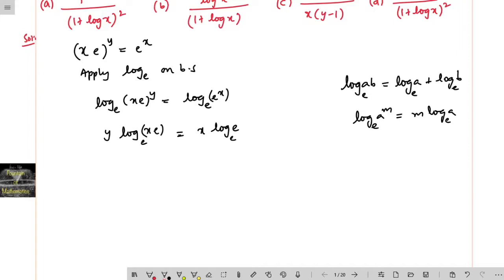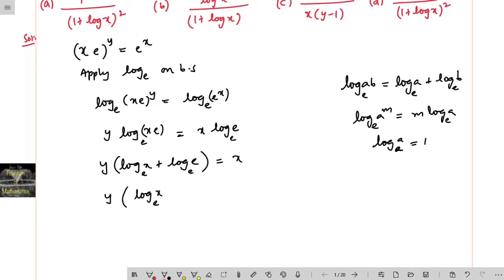So using these properties, we can write y times of log x plus log e to the base e is equal to x into log a to the base a is 1. So log e to the base e will be 1, x into 1. So y times of log x to the base e plus log e to the base e is 1 is equal to x.